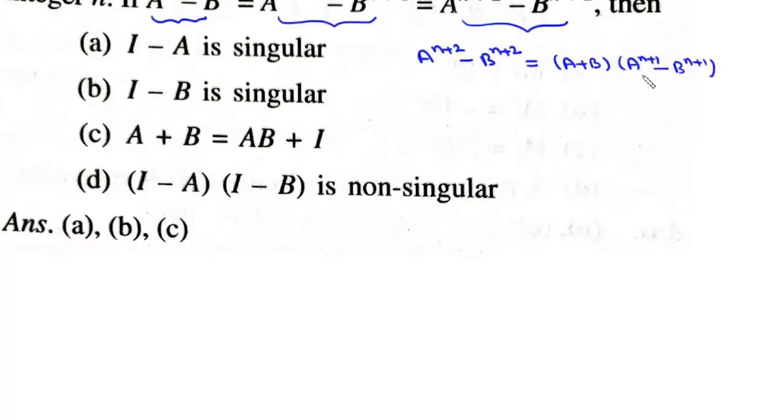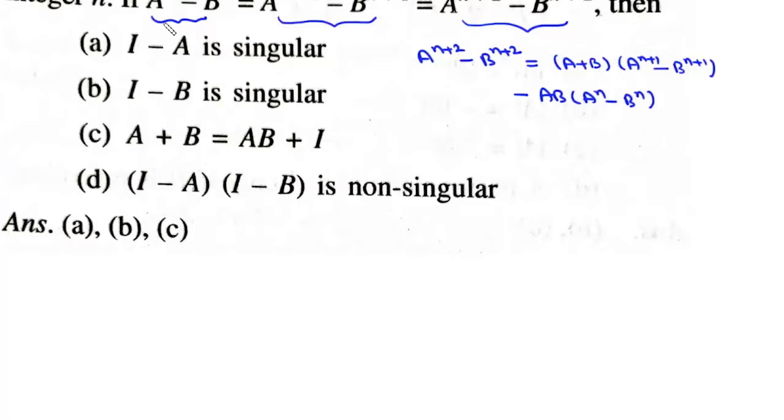So we'll get A to the power n plus 2 minus B to the power n plus 2, and we'll also get A into B to the power n plus 1 and B into A to the power n plus 1. And since AB equals BA, we need to subtract minus AB into A to the power n minus B to the power n.